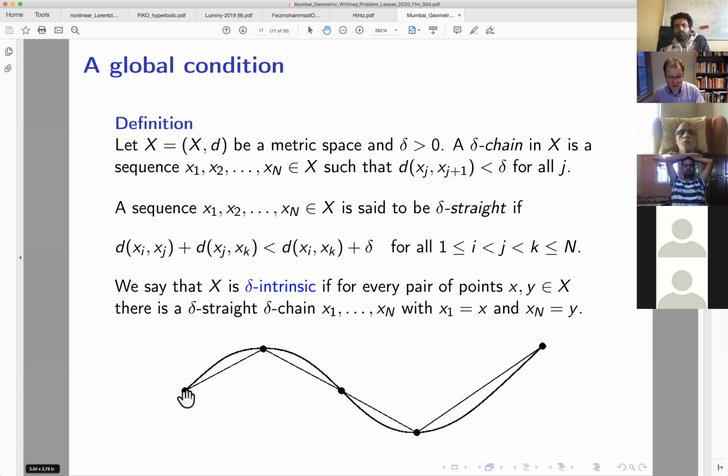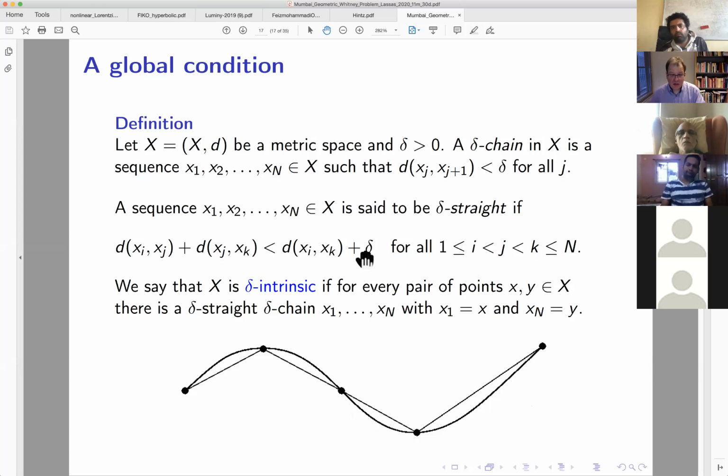If we go first from x_i to any of the middle points and then from the middle point to the end, then this distance plus this distance is smaller than the whole distance plus delta.